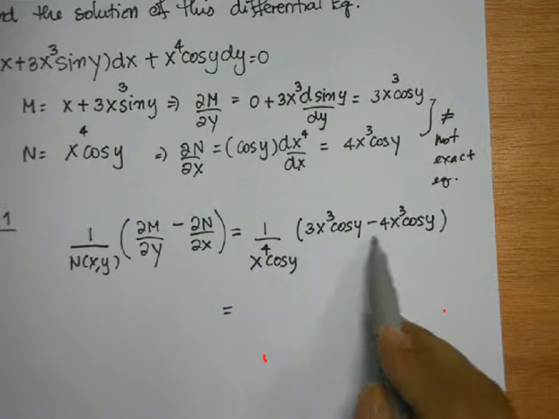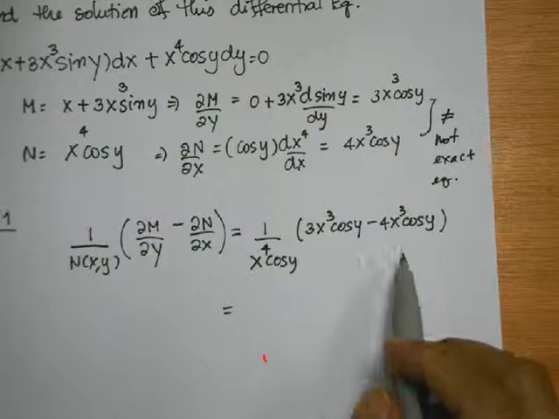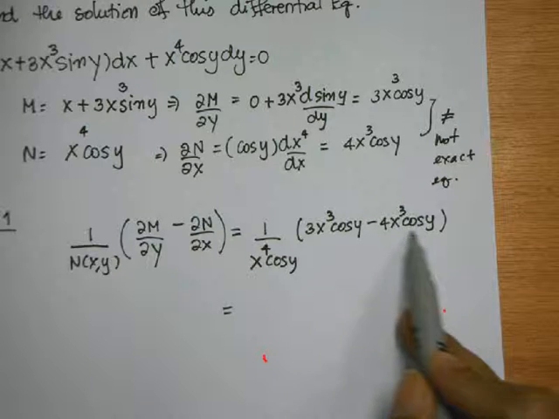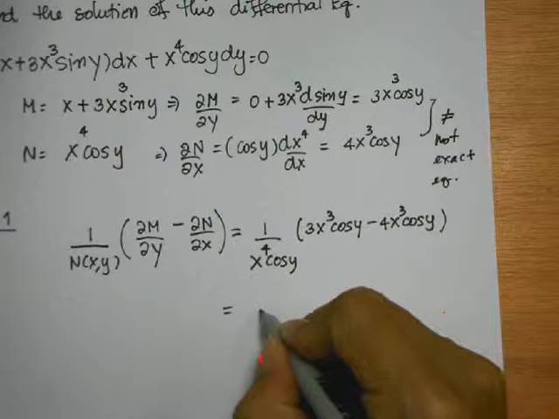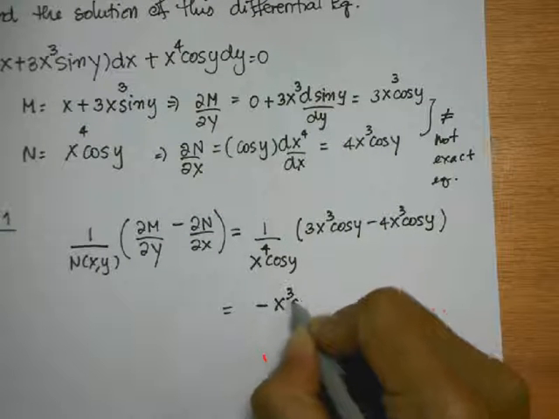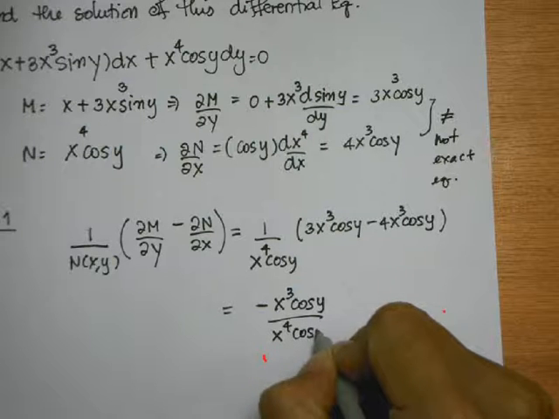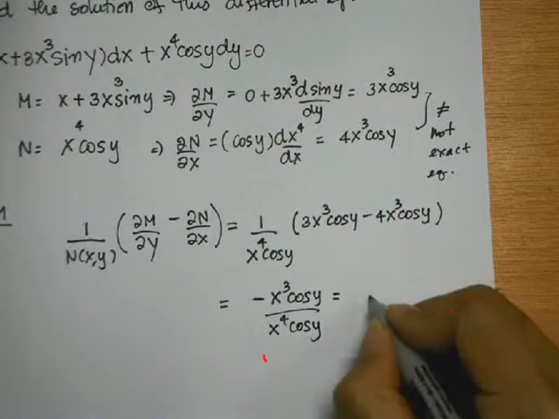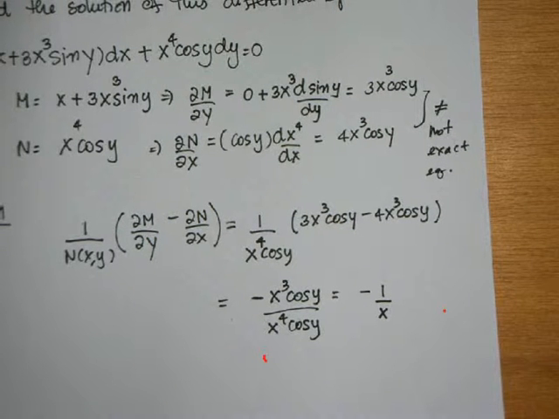Can these two terms be subtracted from each other? Yes, right? Because you have x to the power 3 cos y in both terms. So 3 minus 4 is equal to minus 1. So you get minus 1 over x, which is a function of x, right?